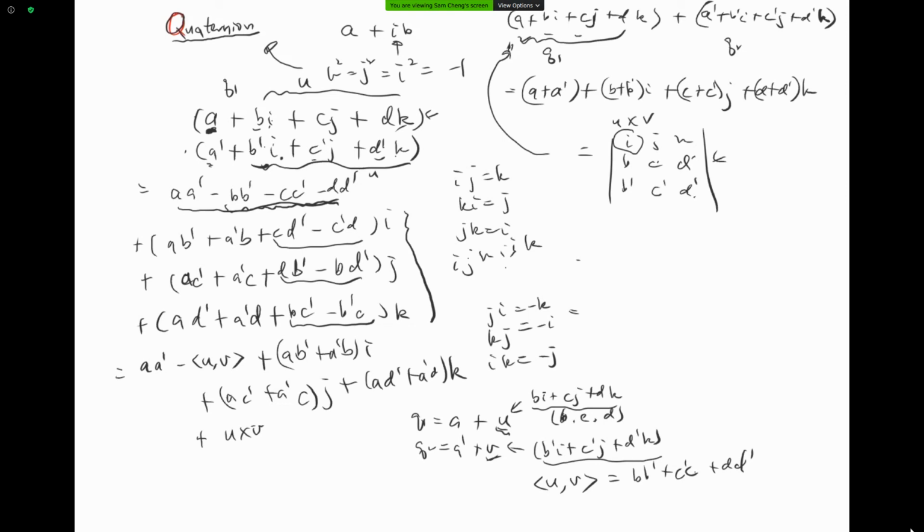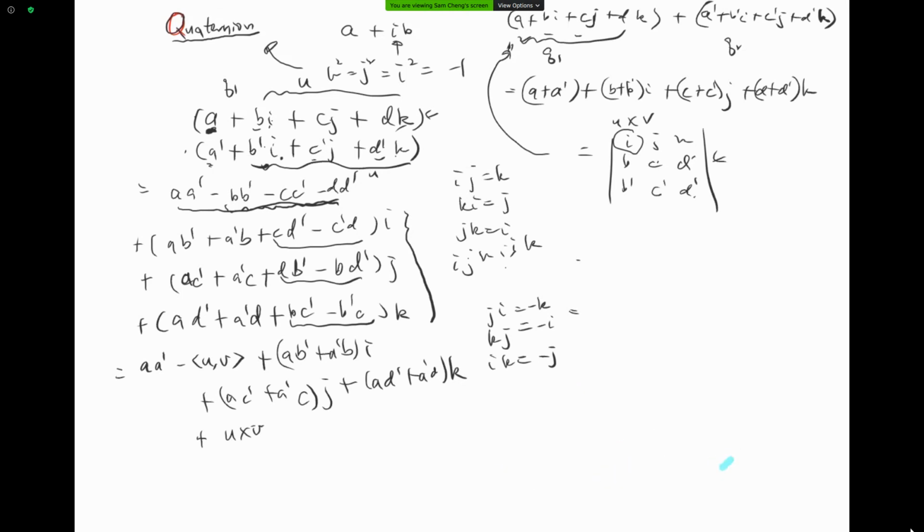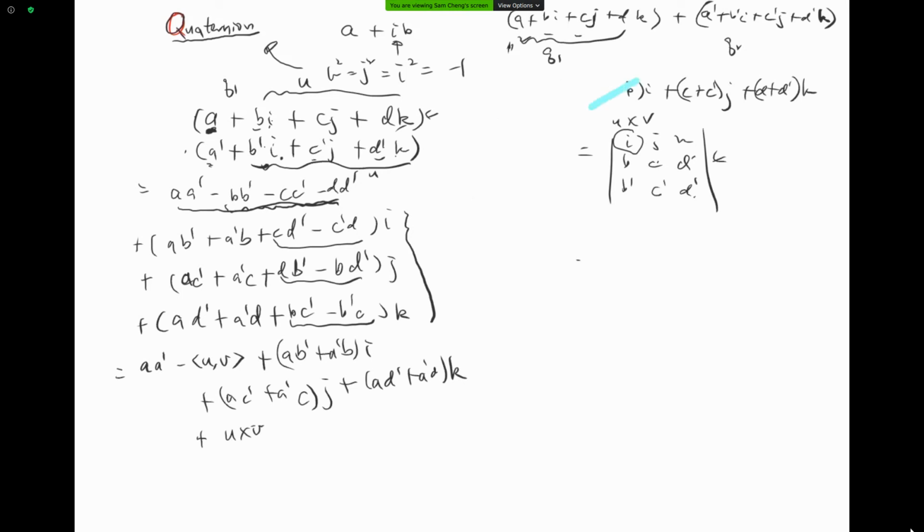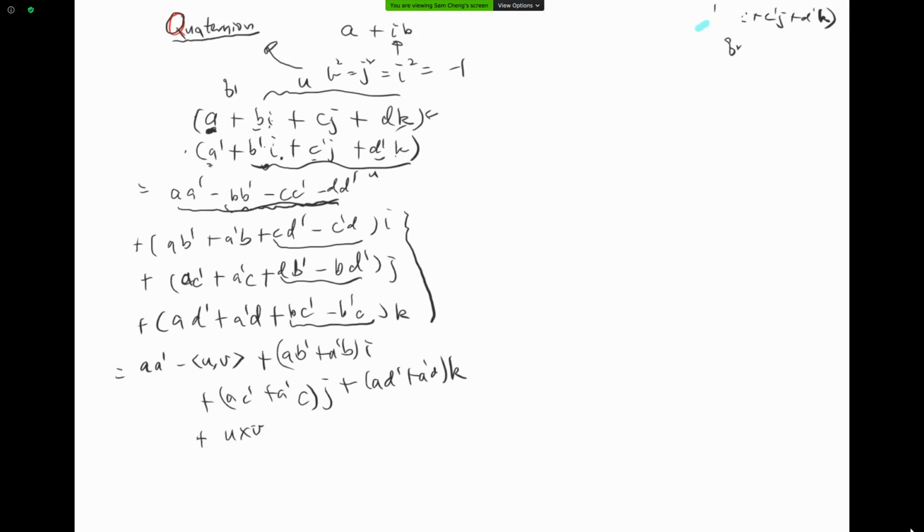So I guess that's it for the addition and multiplication of quaternions. Now let's look at how it's related to three-dimensional space. Actually, we can map any three-dimensional points. Of course, a quaternion is four-dimensional.